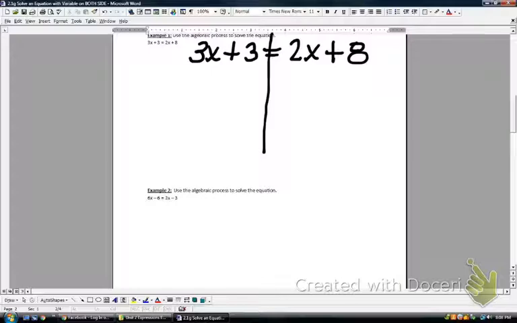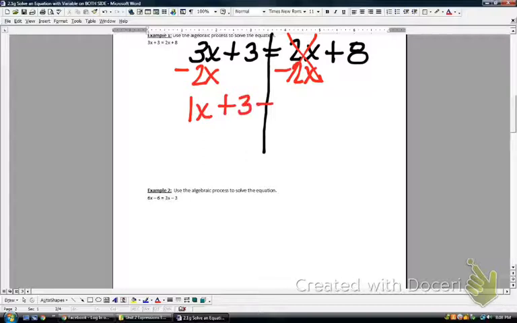To undo a positive, I'm going to use a negative or subtract. What I do to my sisters, I also have to do to my brothers. 2x minus 2x goes away, and over here I'm left with 3x minus 2x is 1x plus 3 equals 8.